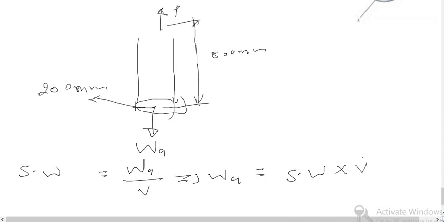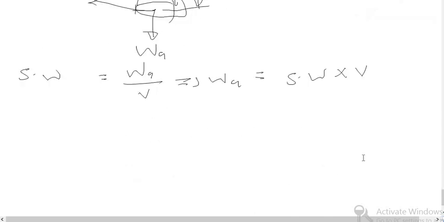So how do we get the volume? We can get the volume from the diagram. We know it is a cylinder, and the volume of a cylinder is equal to pi r squared h, or L. So let's say pi r squared h.